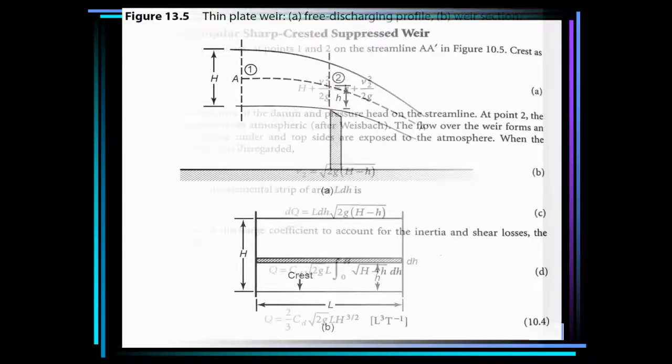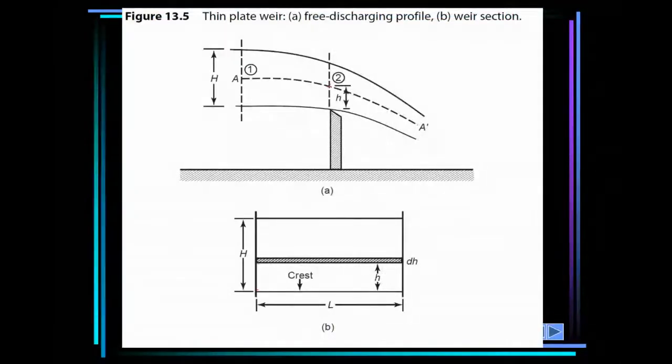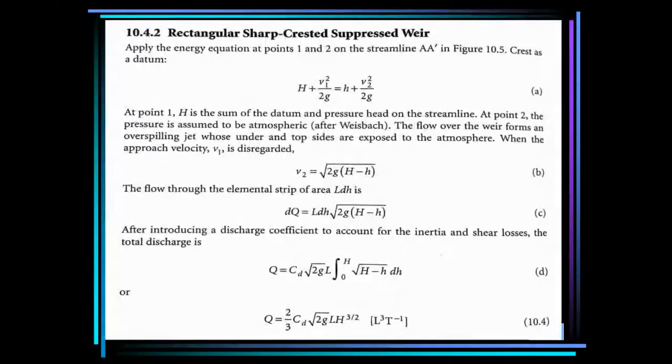And we analyze the flow. We apply the energy equation between point 1 and point 2, assuming they are on the same horizontal plane, so the elevation term will cancel out. So we have h plus v1 squared over 2g equal to small h plus v2 squared over 2g.